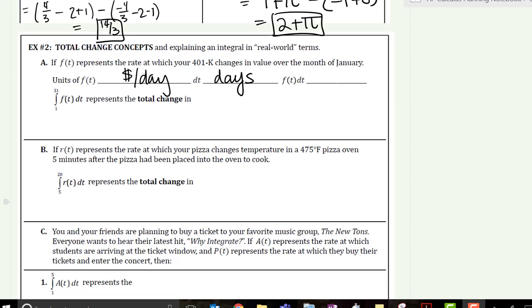That dt is the number of days, right? And then that f of t dt is just going to be dollars, right? Because we're canceling those out.